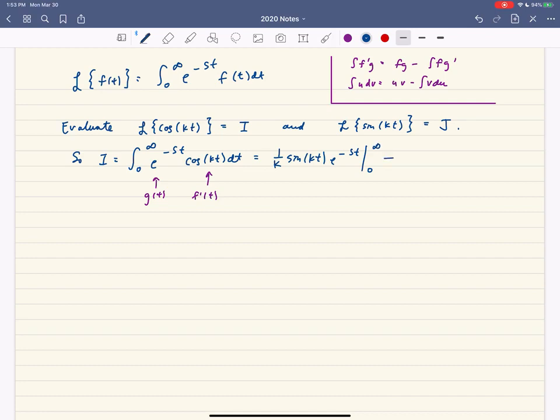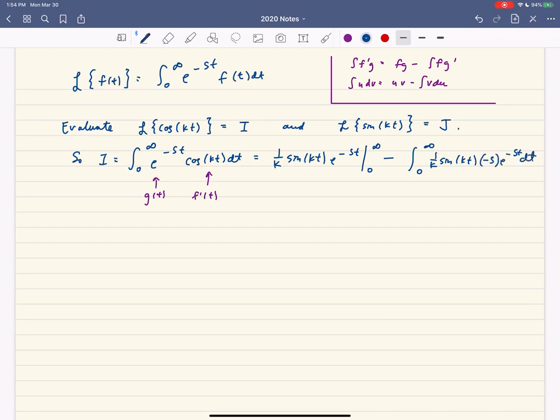And then this is going to be minus the integral from 0 to infinity of f times g prime. Our f is again 1 over k sine of kt, times the derivative of g with respect to t. So we're going to end up with minus s e to the minus st dt.